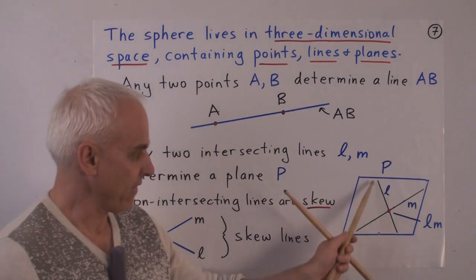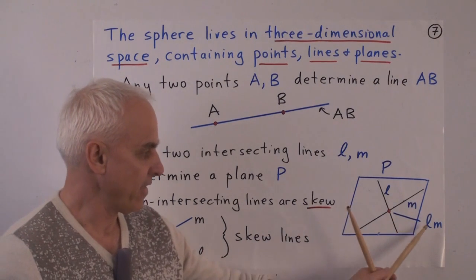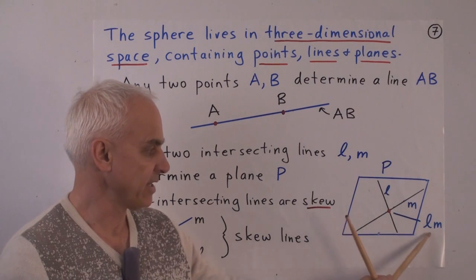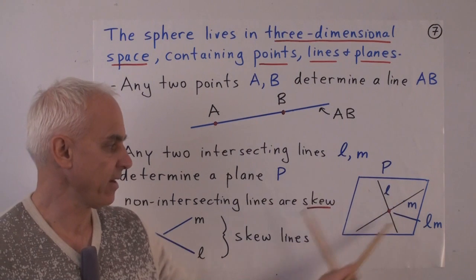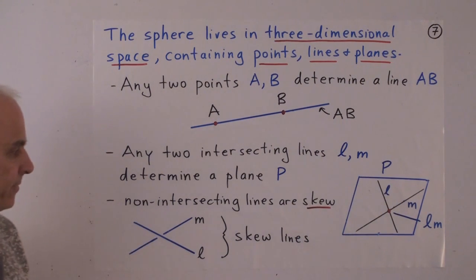And if that's a line L and that's a line M, then the intersection of the 2 lines is LM. And we won't quite yet introduce a notation for the plane determined by L and M.